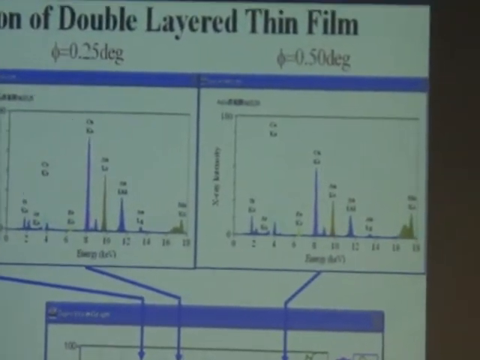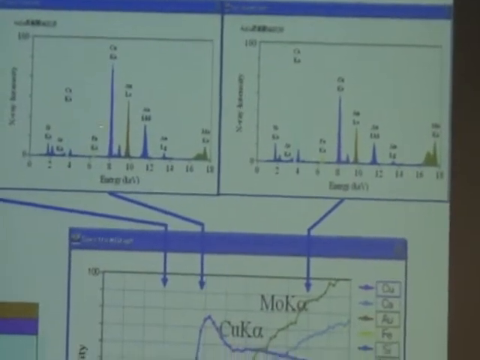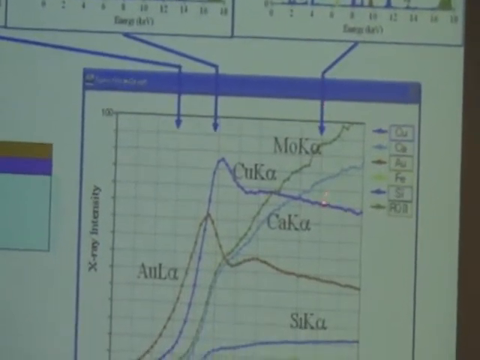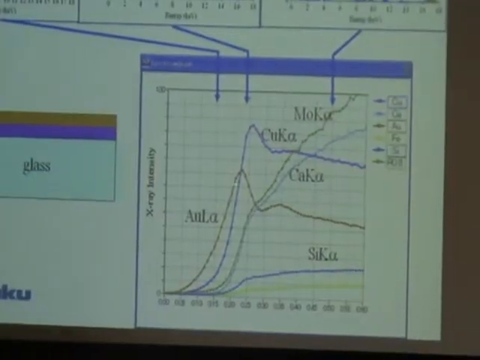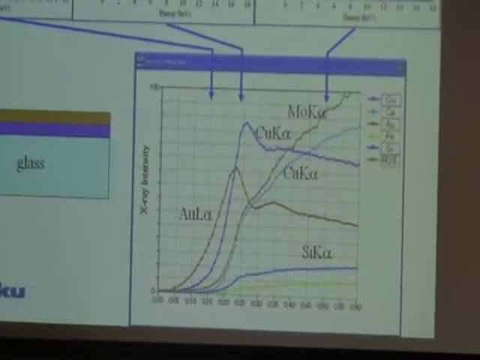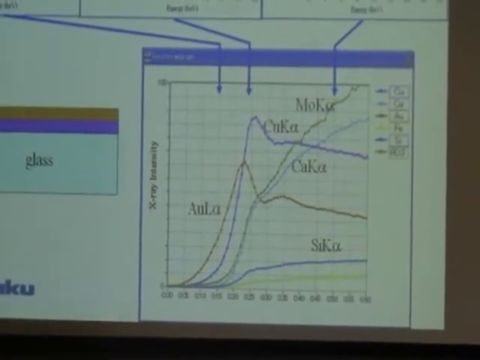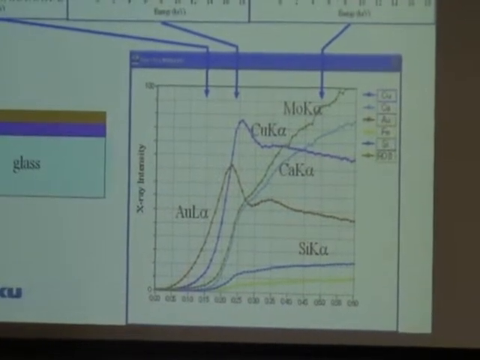Depending on the angle, the intensity of gold is strong here, copper is strong here, and then calcium is strong here. The profile is like that: gold, copper, and those from the substrate. This is the scattered intensity.